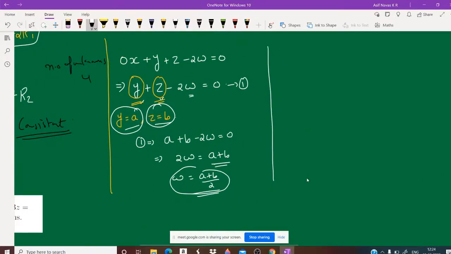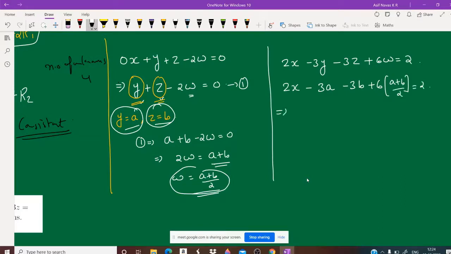Tell me that equation. 2x minus 3y minus 3z plus 6w is equal to 2. So 2x minus 3a minus 3b plus 6 into (a plus b) by 2 is equal to 2.